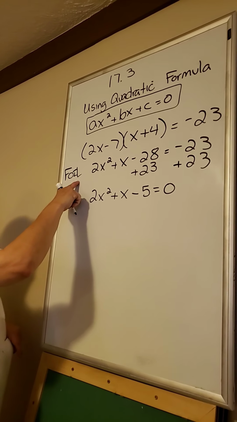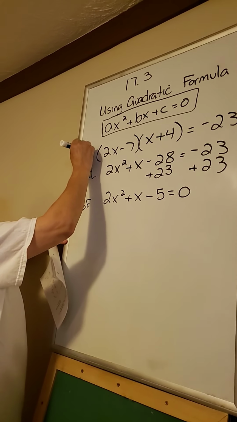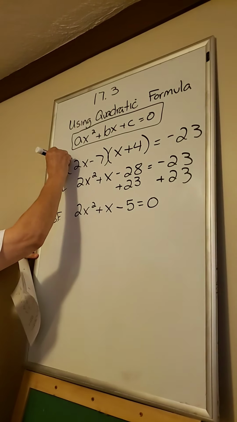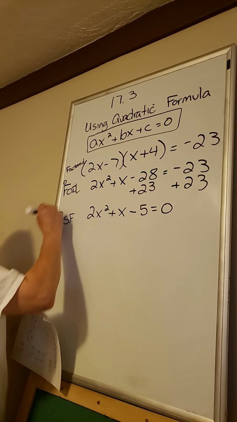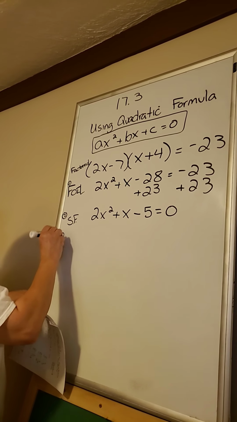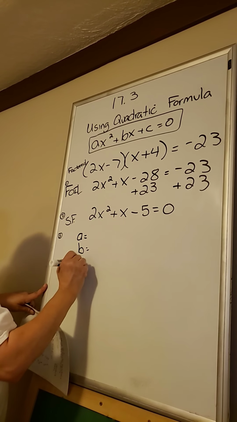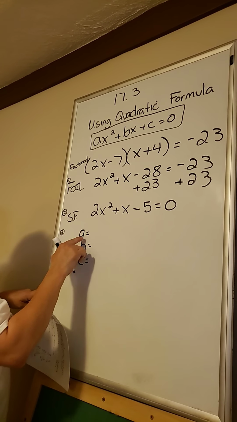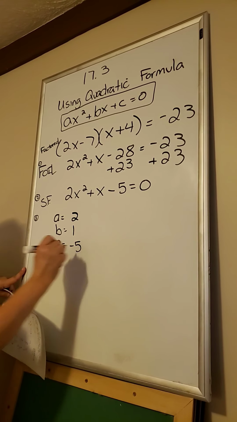So this is what we do when we start with something that's factored. The problem given is factored. Number 1, we FOIL. Number 2, put it in standard form. Number 3, we identify our A, our B, and our C after we've done those other 2 steps. So A is 2, B is 1, C is negative 5.